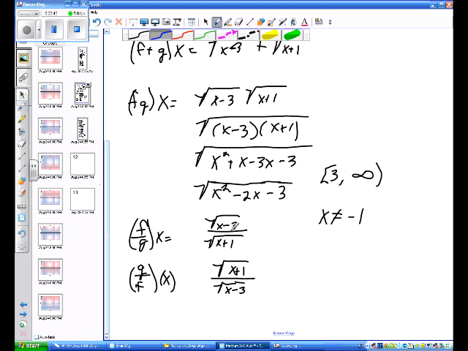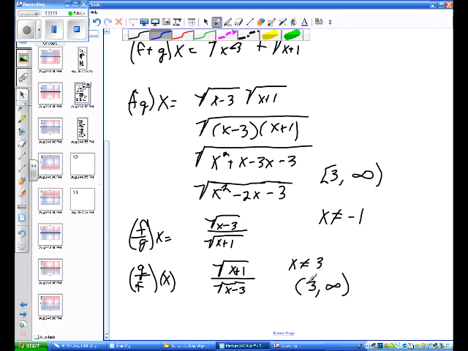And we could go through and rationalize, but notice on this one, our denominator can't be 0, so that means that x cannot equal 3. Well, up here in our domain, we included 3, so for this problem, our domain would need to be 3 to positive infinity, and we cannot include the 3 because it would make that denominator 0.